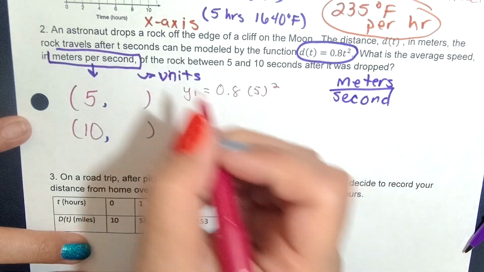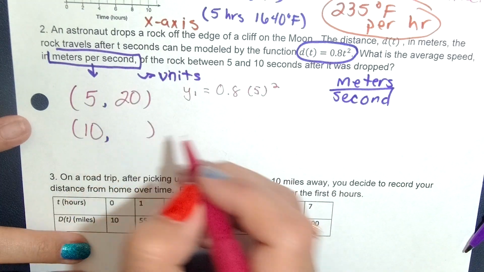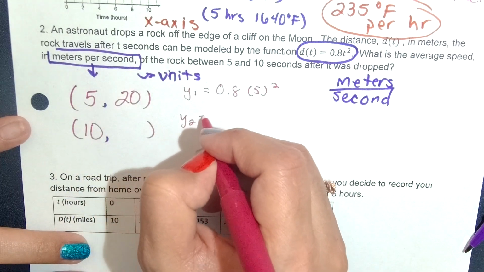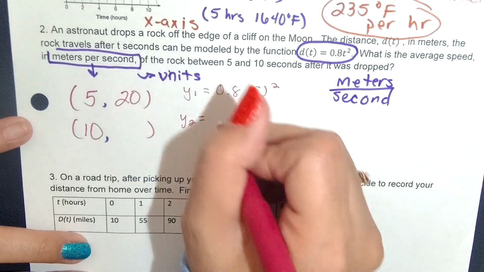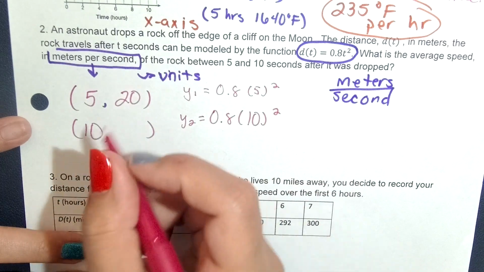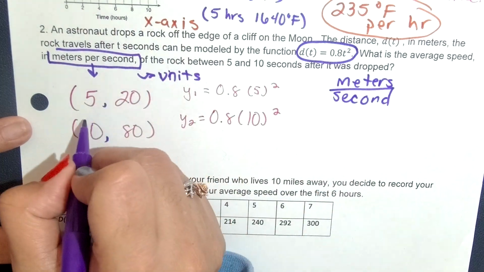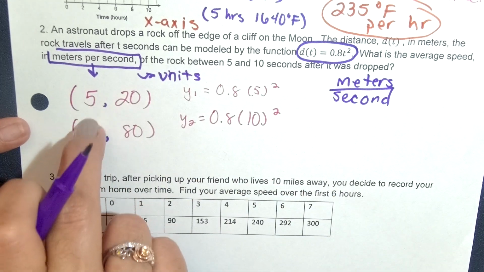That will give you 20. How do I find y2 then, Sam? Do the same thing, but instead of 5 it's 10. Very good. Substitute in 10. And when you do that, that's 80. What are the units for the x values?